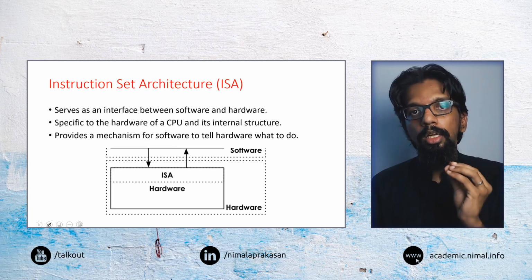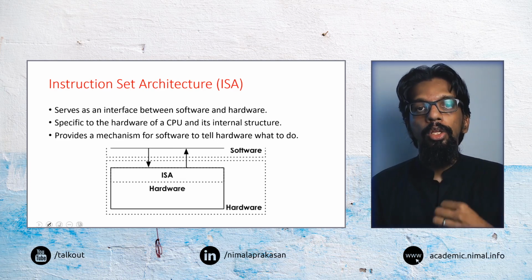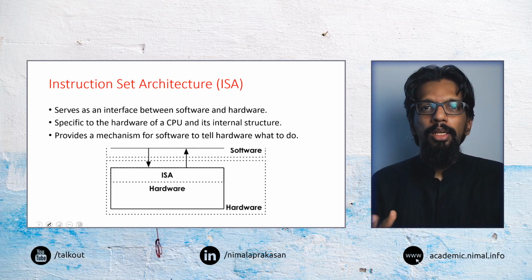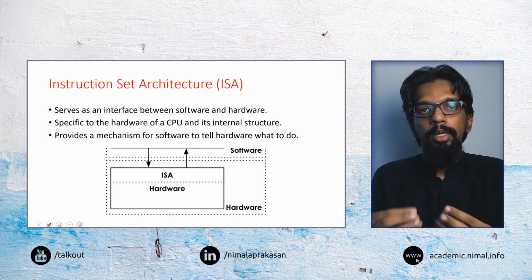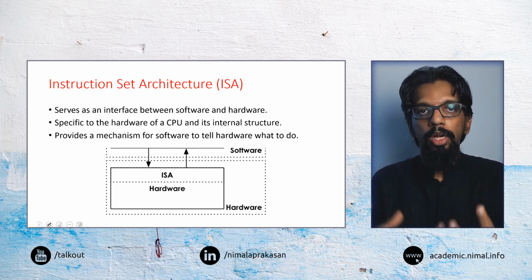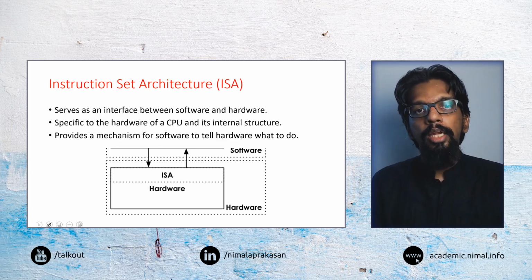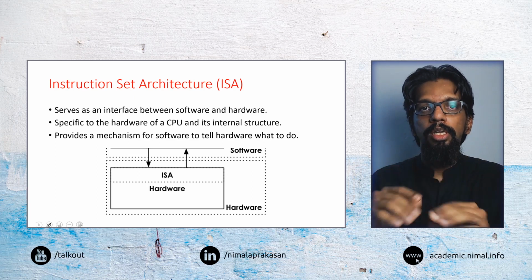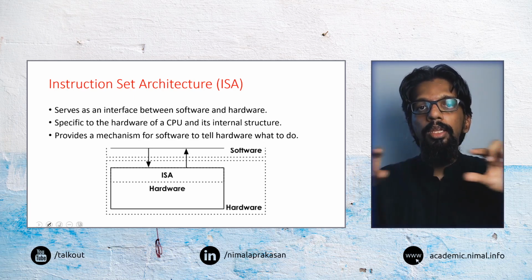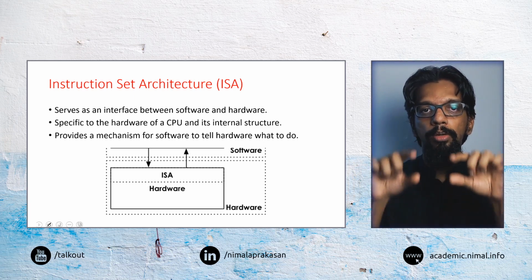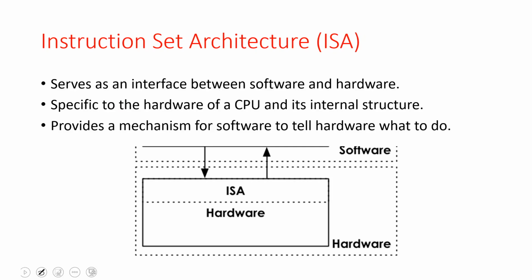You can instruct the CPU directly with machine language instructions, but they are going to be complex and complicated for each software developer or programmer to know and use. So that is where we have the instruction set architecture, that is going to be in between the software layer on top and the hardware layer on the bottom.